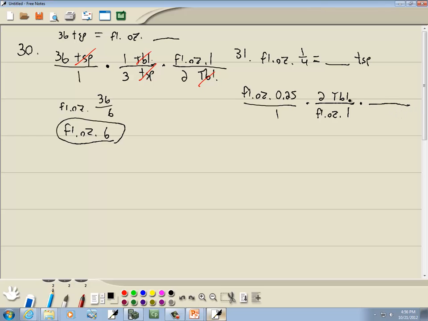And then we can tie tablespoons. Tablespoons is up here, so tablespoons is down here. And I'll put teaspoons up here. We said 3 teaspoons is 1 tablespoon. Okay. Fluid ounces cancels with fluid ounces. Tablespoons cancels with tablespoons. Got all 1s on the bottom. So up on top we got 0.25 times 6. 1.5. So we'd have 1.5 teaspoons.